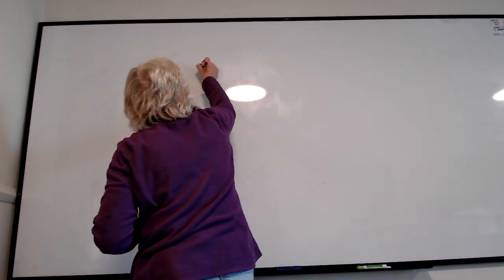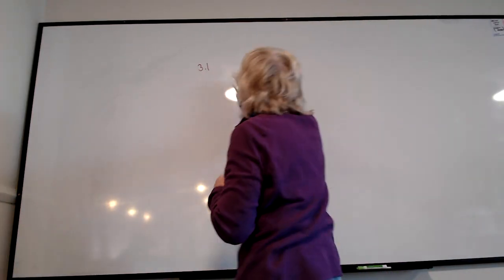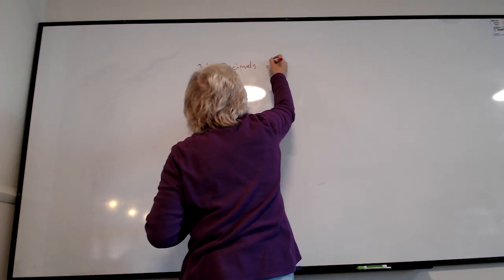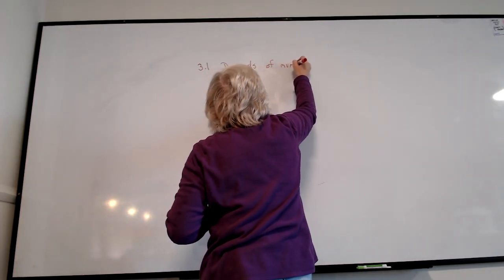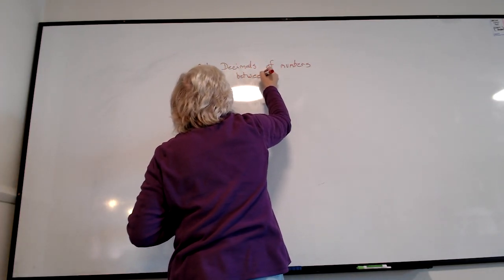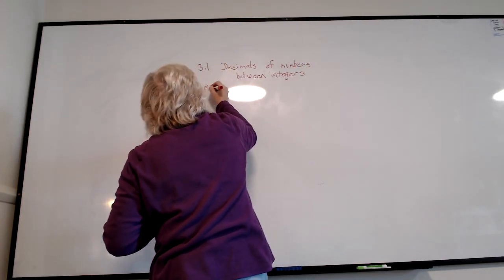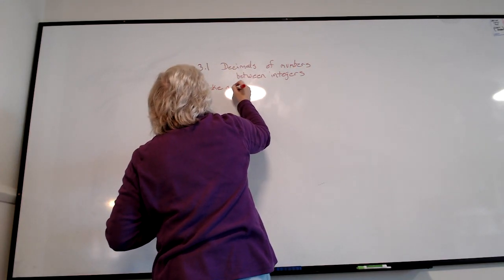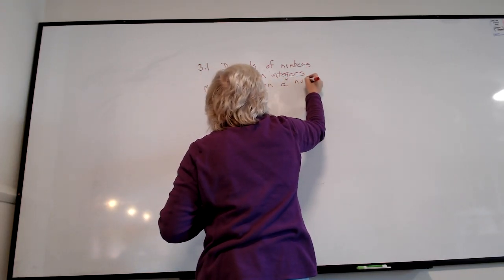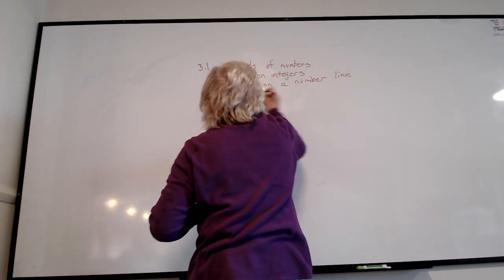Okay, section 3.1. We are looking at decimals of numbers between integers. And what we're going to do with these is learn how to make and graph on a number line like this.